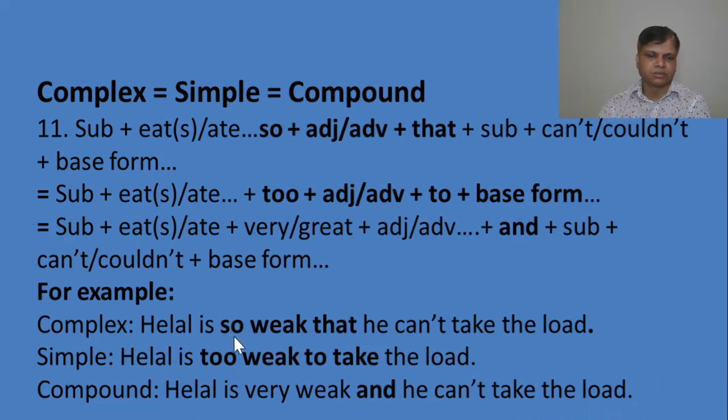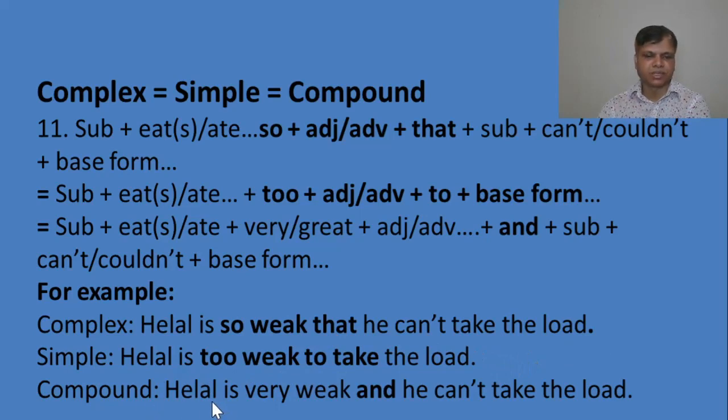So, so adjective that. Instead of so we have to use too, weak, adjective weak, and instead of that we have to use to, and then we have to use base form and rest of the sentence to make it a simple sentence.